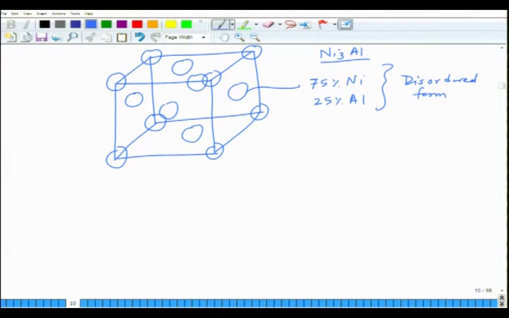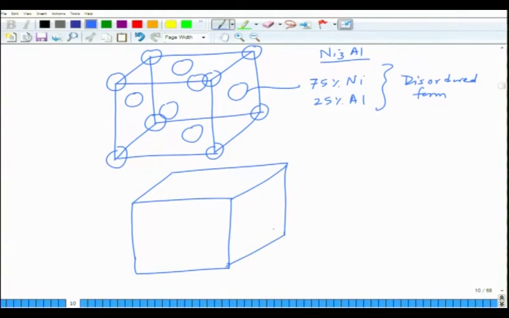When it is ordered, it is different. In case of ordering, let me draw all the 6 atoms.